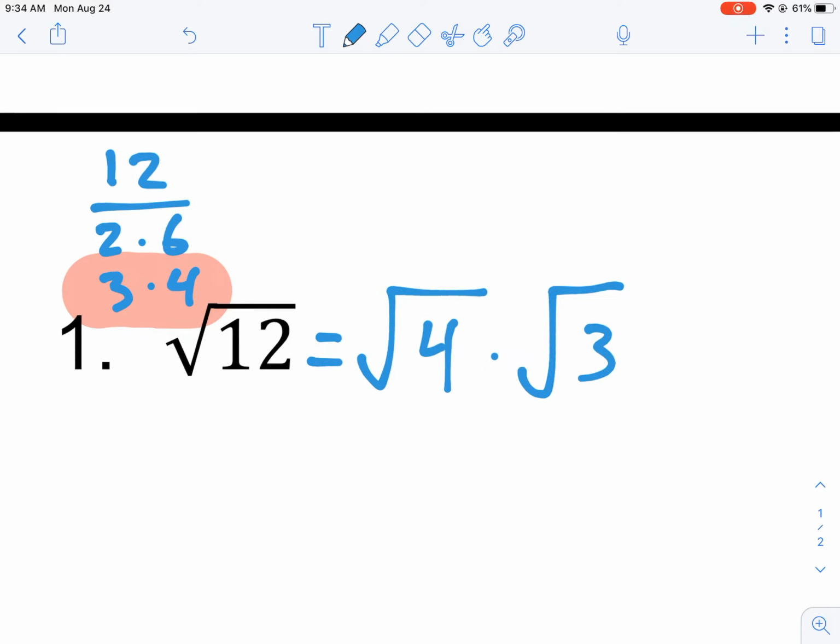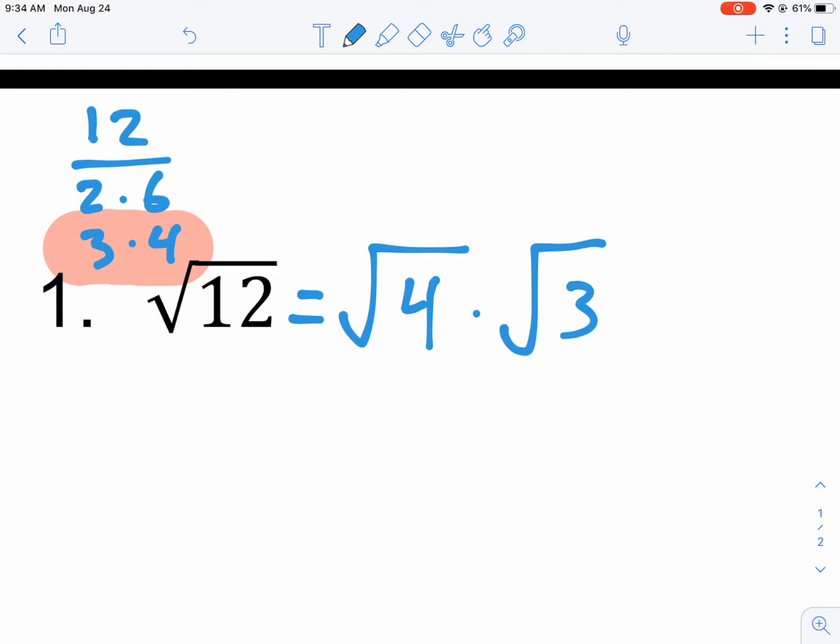And the reason we do this is because you can actually take the square root of perfect squares. You can't take the square root of 3. The square root of 3 is an infinitely long decimal. But the square root of 4 is 2. So we can turn the square root of 4 into 2.